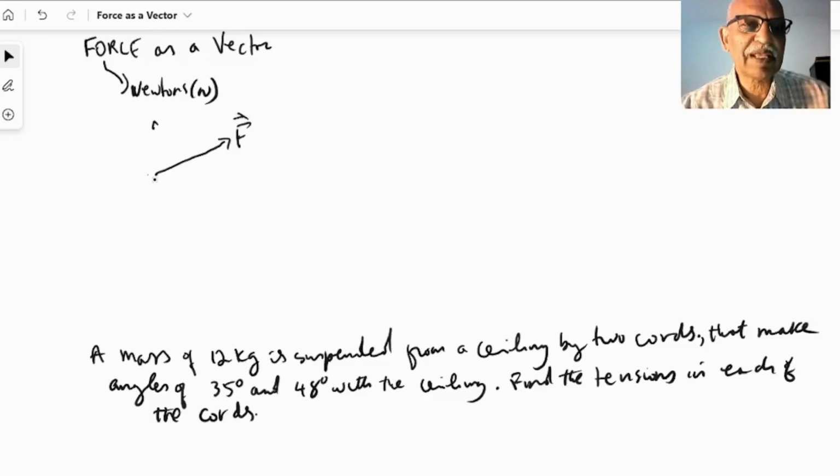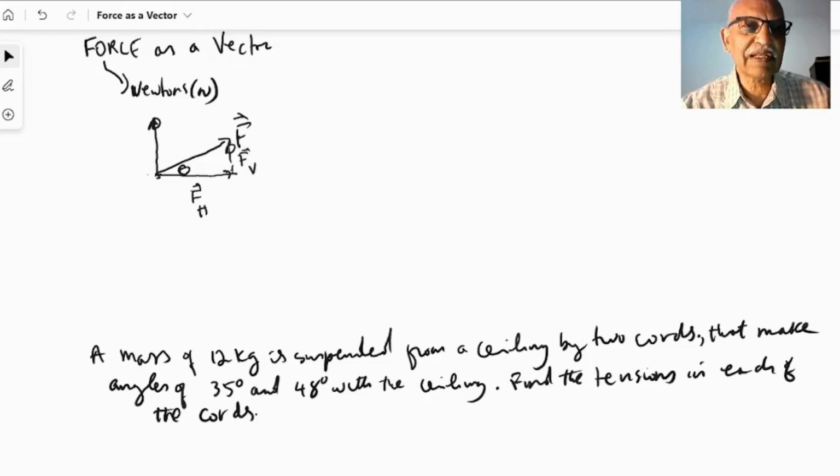This force on a plane has two components, horizontal component and vertical component. This is the horizontal component, and this one here is equal to this, therefore it is the vertical component.